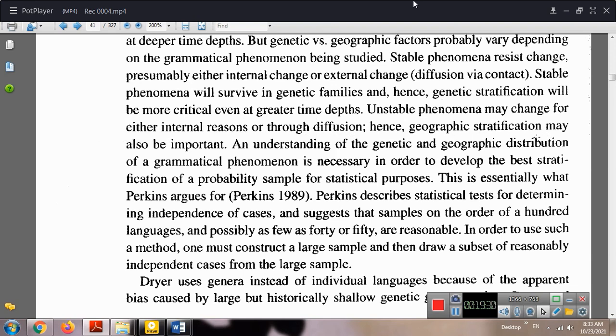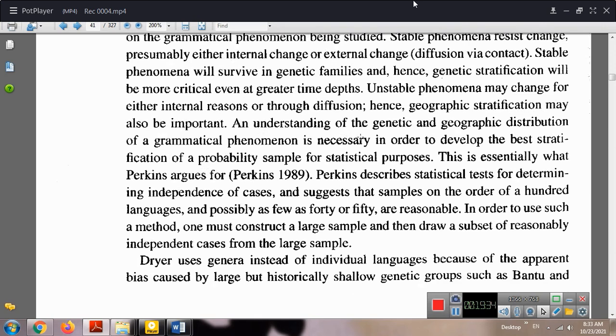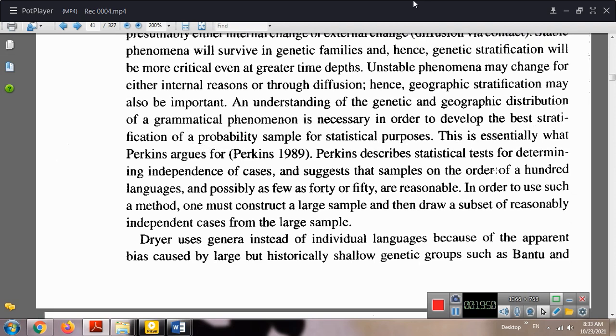Hence, geographic stratification may also be important. An understanding of the genetic and geographic distribution of a grammatical phenomenon is necessary in order to develop the best stratification of a probability sample for statistical purposes.